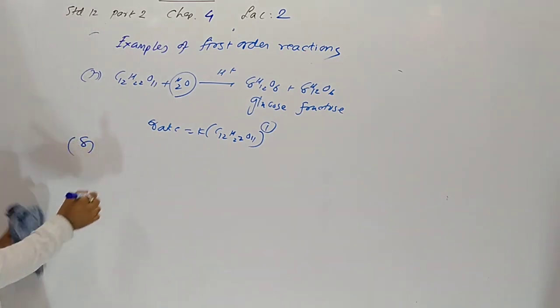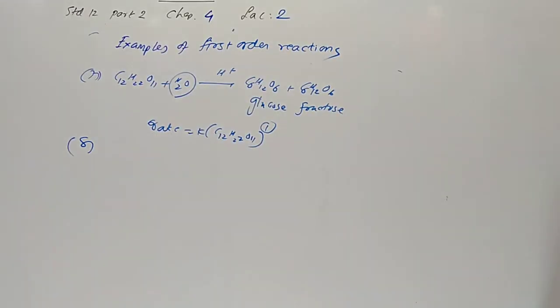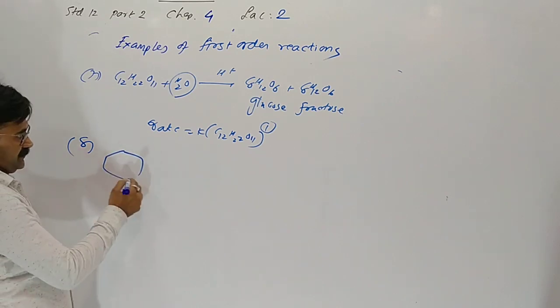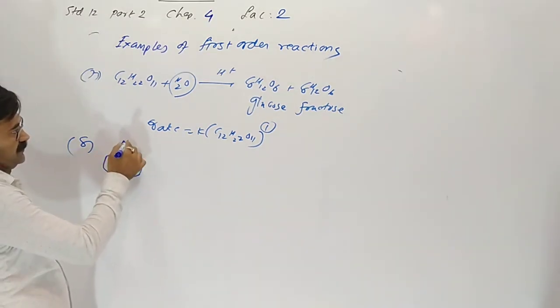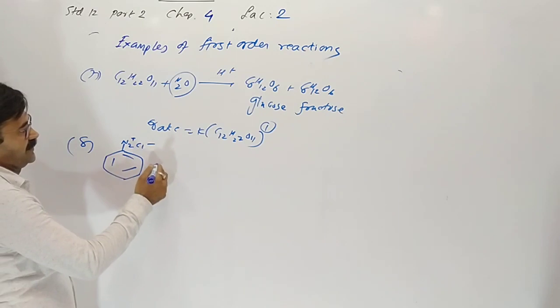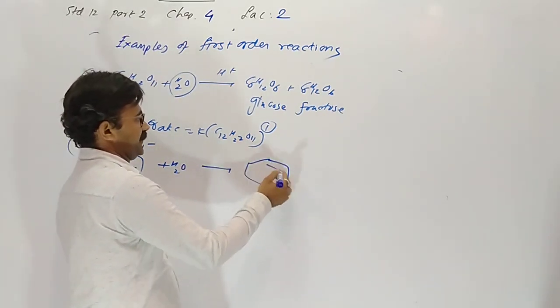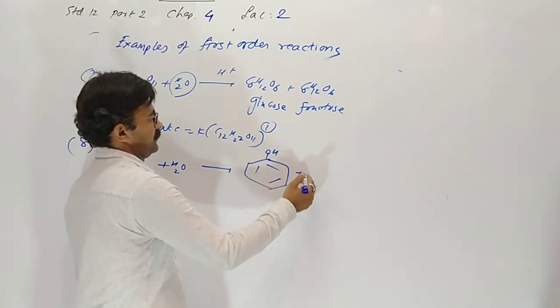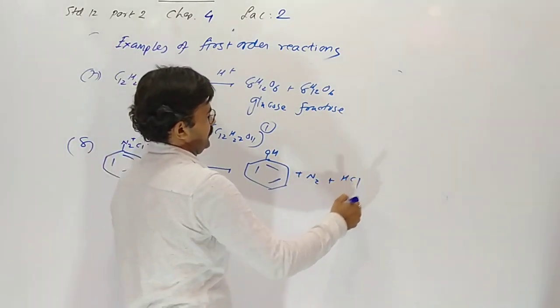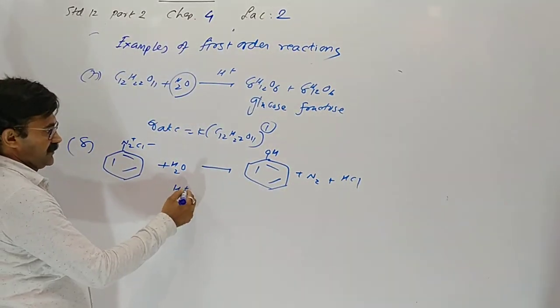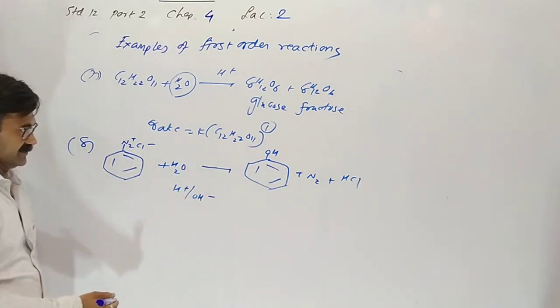Now the eighth one. Inorganic comes benzene diazonium chloride. It reacts with water and gives phenol, dinitrogen and HCl. Here H plus and OH minus.